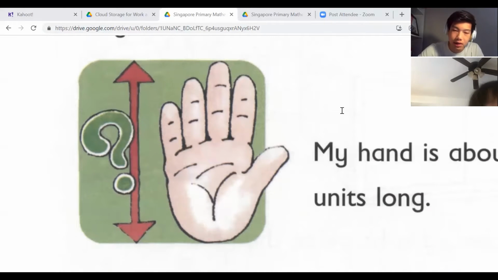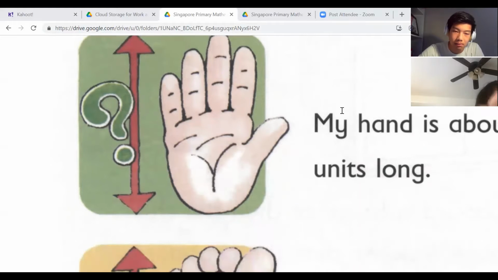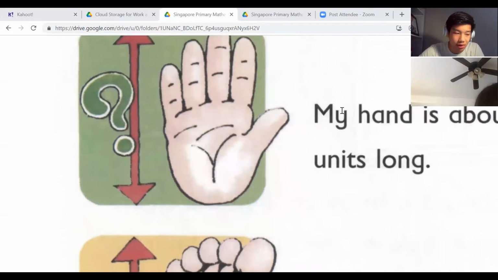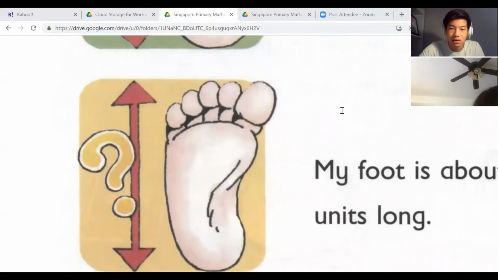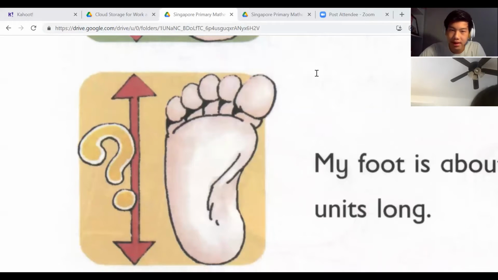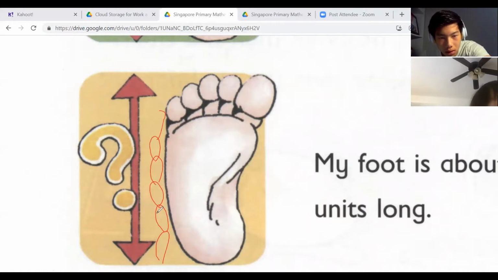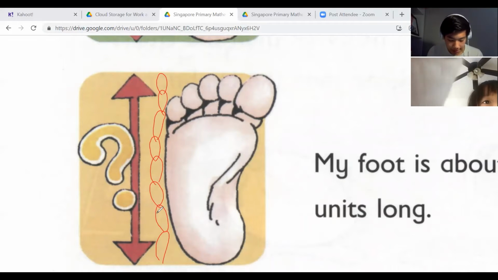I don't actually really know how big a paper clip is supposed to be compared to my hand, but we'll take 7 as the answer. Okay. Now, the same thing with our foot. Okay, how many units is this? 8?